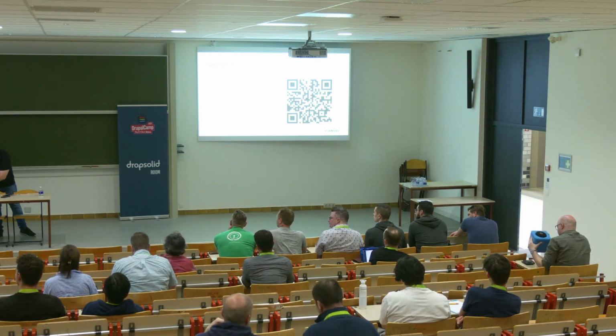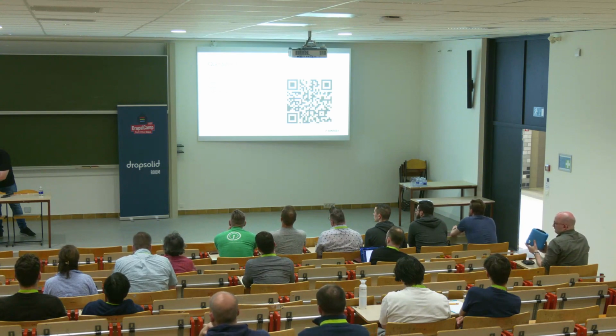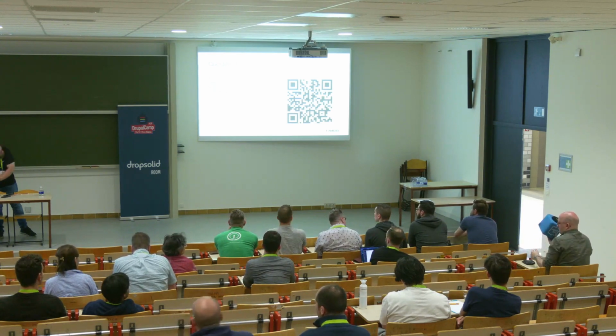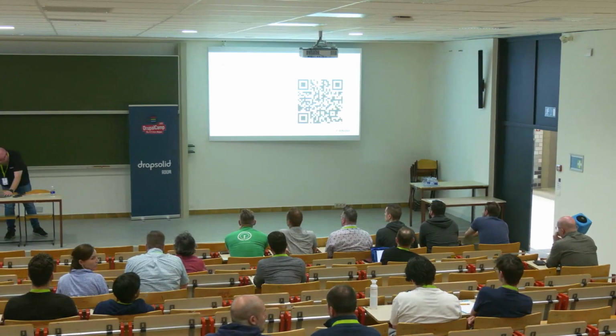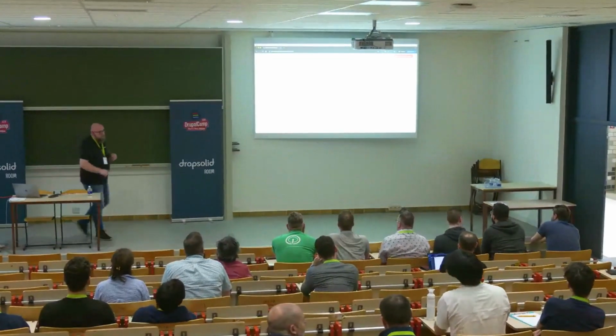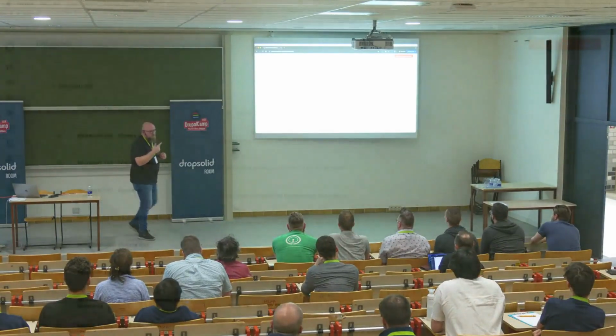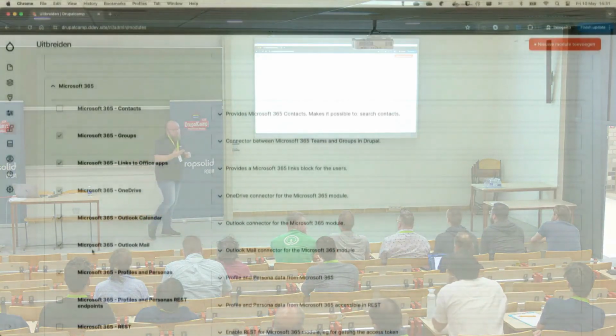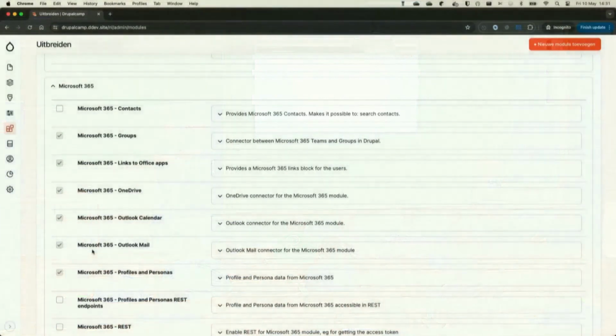I can show you what we did. For all functionality like groups, calendar, we created submodules. So you can enable those or keep those disabled. Only 2 modules are actually required: the O365 module itself and the SSO module, just because we need to have you logged in through single sign-on.